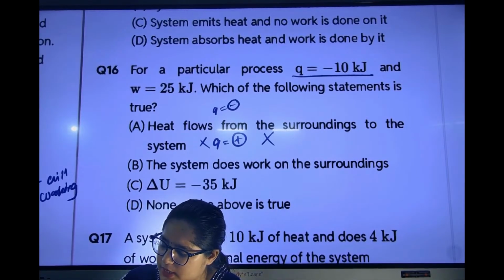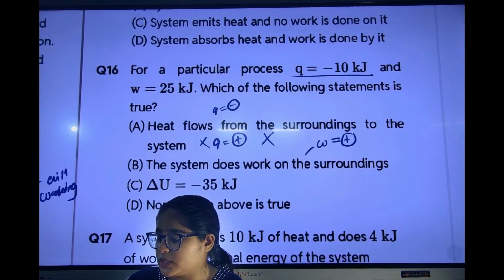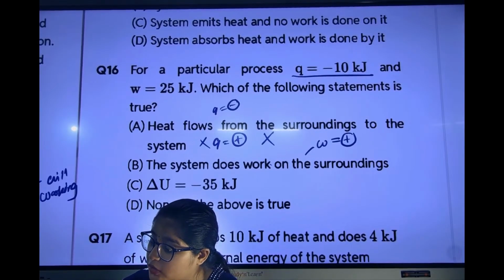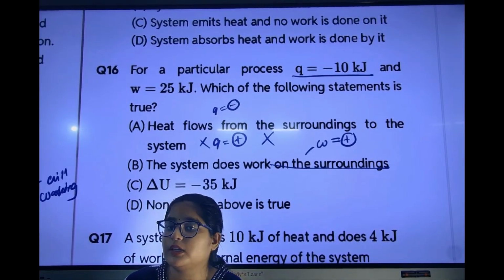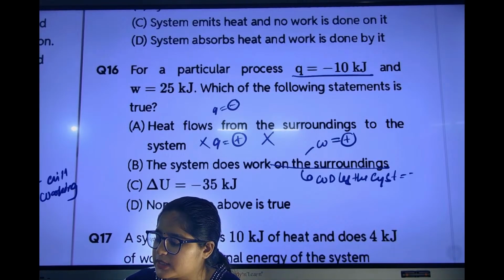The system does work on the surrounding. Work done here is positive 25, meaning on the system work done is positive. But in the option, it says the system does work on the surrounding. Work done on the surrounding means work done by the system, and that should be negative.